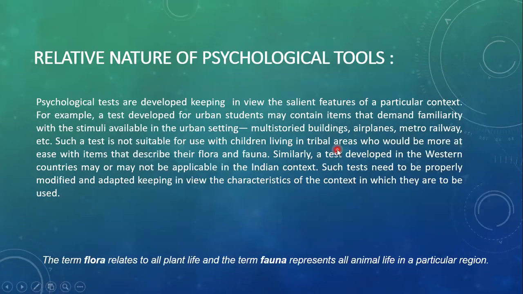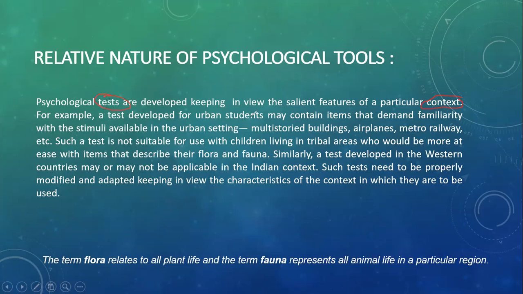Next, relative nature of psychological tools. That is what we discussed earlier, the relative nature. We are comparing. Okay, so let us see this one. Psychological tests are developed keeping in view the salient features of a particular context. So context and test.